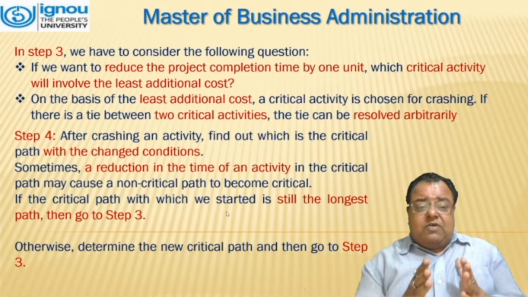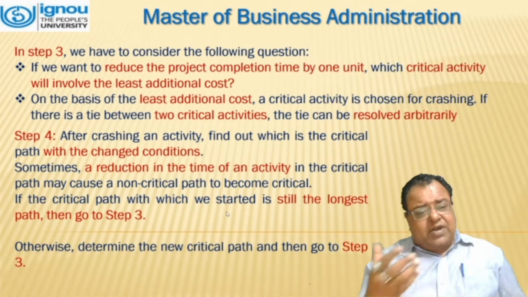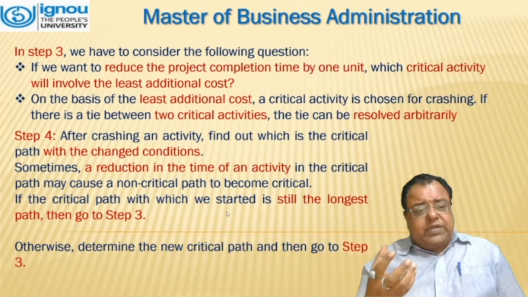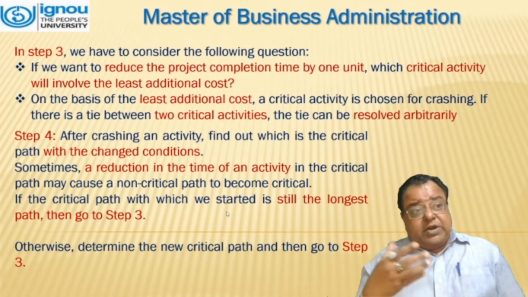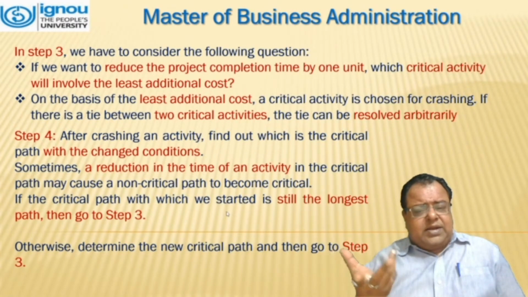On the basis of least additional cost, a critical activity is chosen for crashing. If there is a tie between two activities, then the tie can be resolved arbitrarily. It is the selection of the manager.